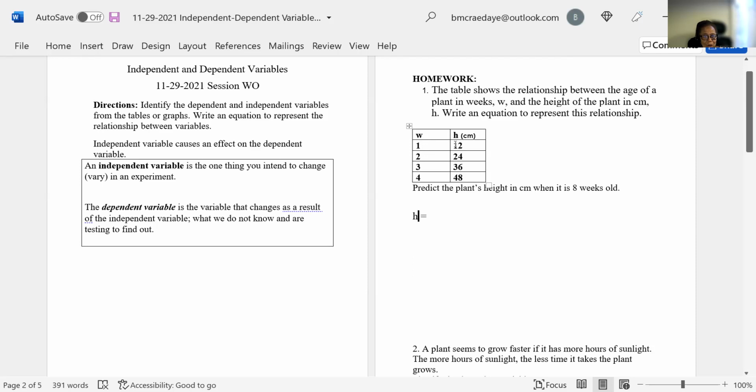How do I go from 1 to 12? By adding. 1 to 12 by adding. No, you've got a relationship here, Maureen, between weeks and height. So looking at this table, to go from 1 to 12, I have to multiply 12 times 1, right? Uh-huh. And if I have 2 weeks, it'd be 12 times 2. That's right. So what would I have over here on the right for this equation then?